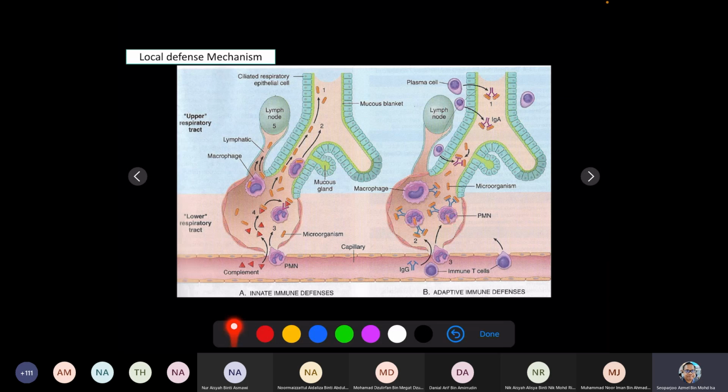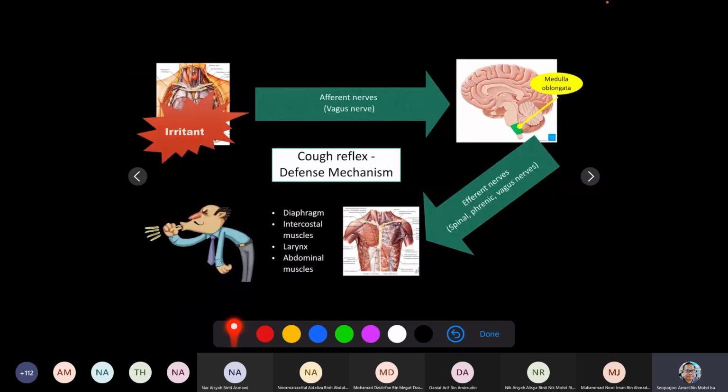And again, it's the same with the coughing reflex. It will move all these things to the large airway, and mucus will be secreted to encase everything and remove it later during coughing or sneezing.